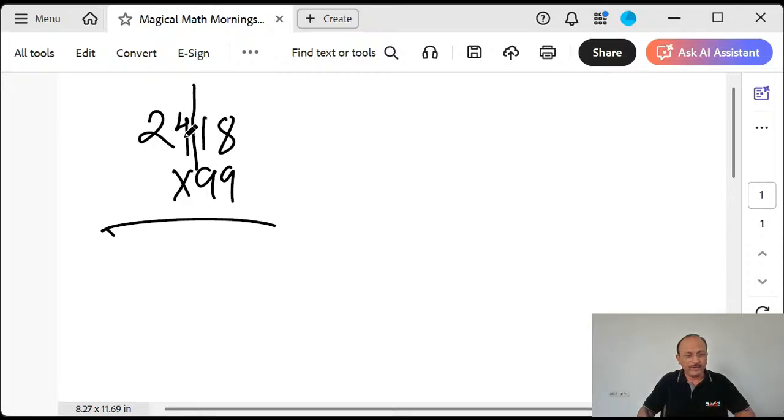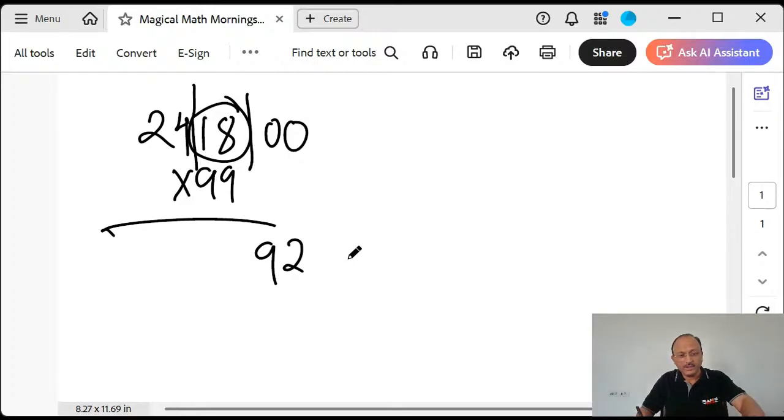What we do, 2418, I'm going to write this, and then two zeros I'm going to think. From the last two zeros, I'm going to take the complements of these two. All from 9, last from 10. That is 2 and 9, because 10's complement of 8 is 2, 9's complement of 1 is 8.